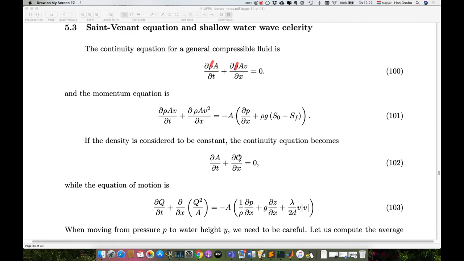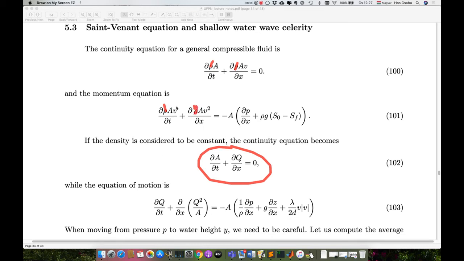then the continuity equation is reduced to this equation, which tells you how the wetted area changes and the flow rate changes. And very similar things happen with the equation of motion.